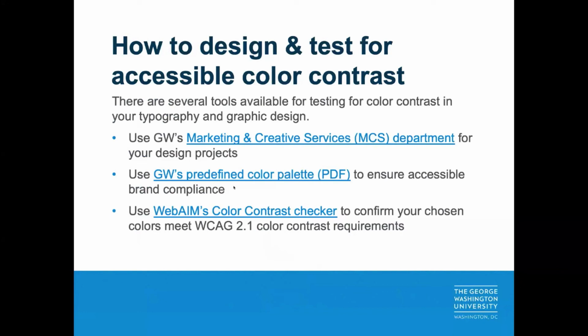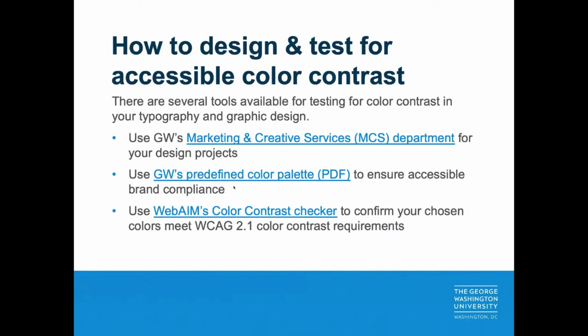You can also, again, use GW's predefined color palette to ensure that you're using accessible brand compliant colors. And again, that color palette is not perfect. We do know that there are some combinations that will not pass accessibility. We are always learning and making sure that we update our practices and the assets that we provide to you all to meet these compliance requirements.